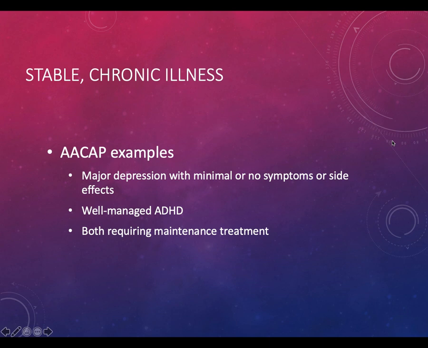ACAP examples of stable chronic illness: major depression with minimal or no symptoms or side effects of treatment, and well-managed ADHD, both requiring maintenance treatment of some kind to maintain stability.